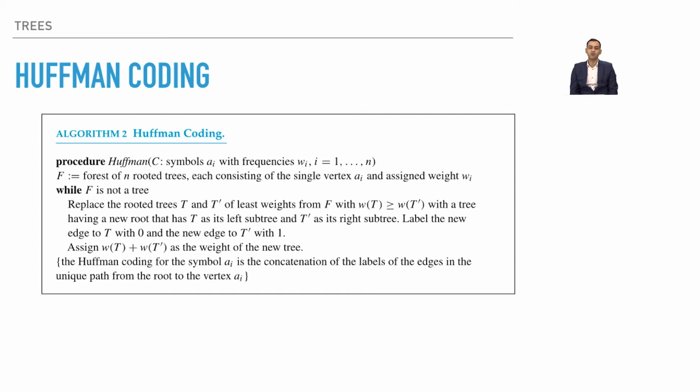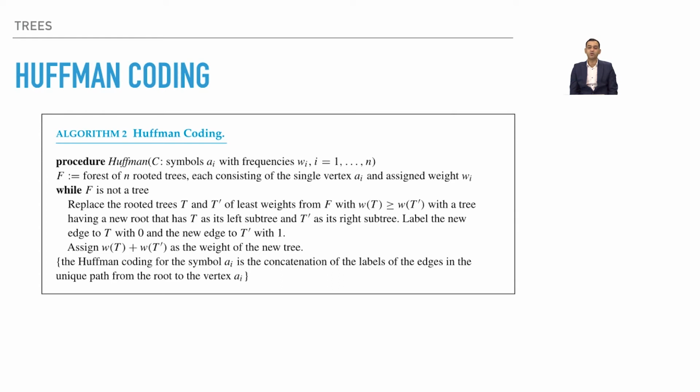Algorithm 2 presents the Huffman coding algorithm. Given symbols and their frequencies, our goal is to construct a rooted binary tree where the symbols are the labels of the leaves. The algorithm begins with a forest of trees, each consisting of one vertex, where each vertex has a symbol as its label and where the weight of the vertex equals the frequency of the symbol that is its label.